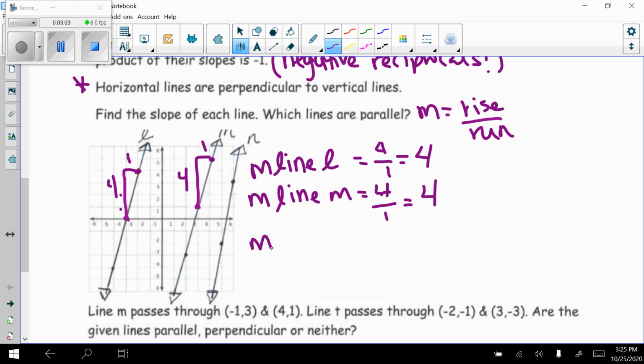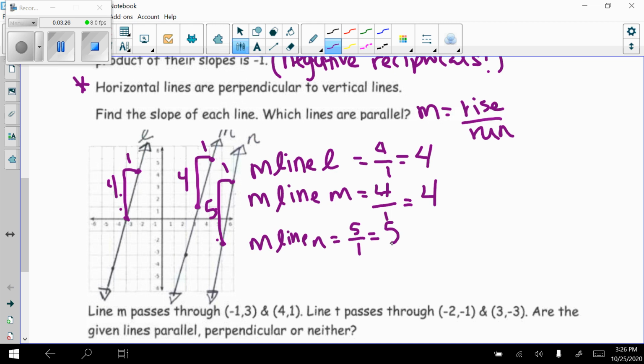And finally, the slope of line N. Pick 2 points, this point and this point. How far up and over? So this time if we count squares, 1, 2, 3, 4, 5, and over 1. So 5 over 1, which is the same as 5. So we found the slope of each line. And it says which lines are parallel.